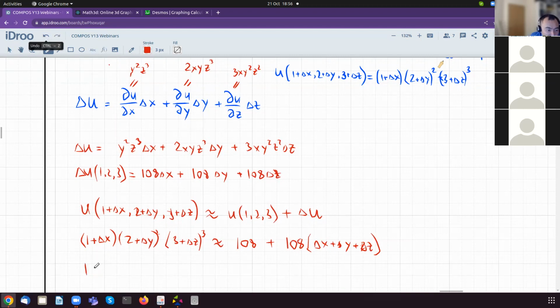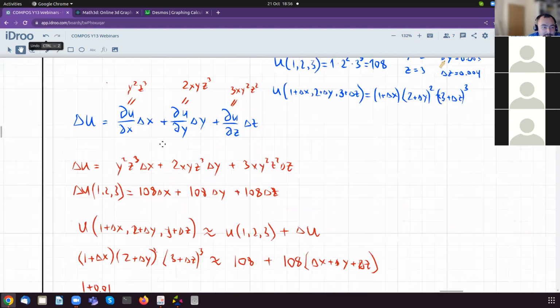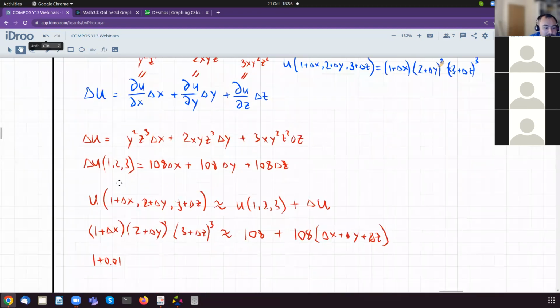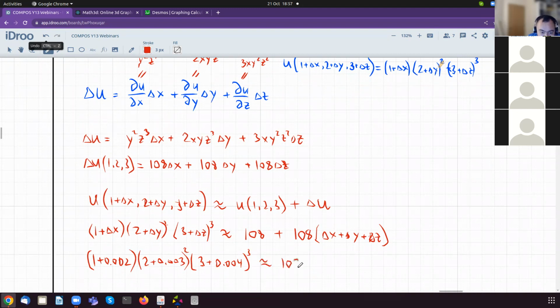So in other words, 1 plus 0.002, times 2 plus 0.003 squared, times 3 plus 0.004 cubed, is approximately equal to 108 plus 108 times 0.002 plus 0.003 plus 0.004, which I assume I can calculate without a calculator.